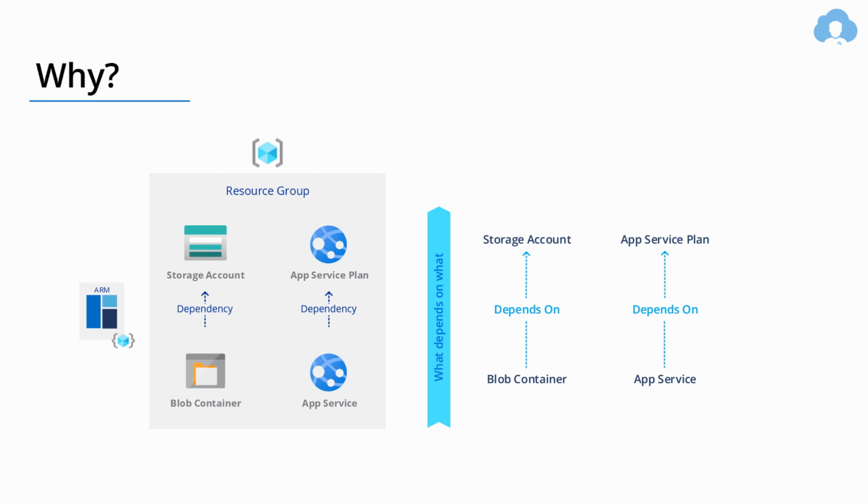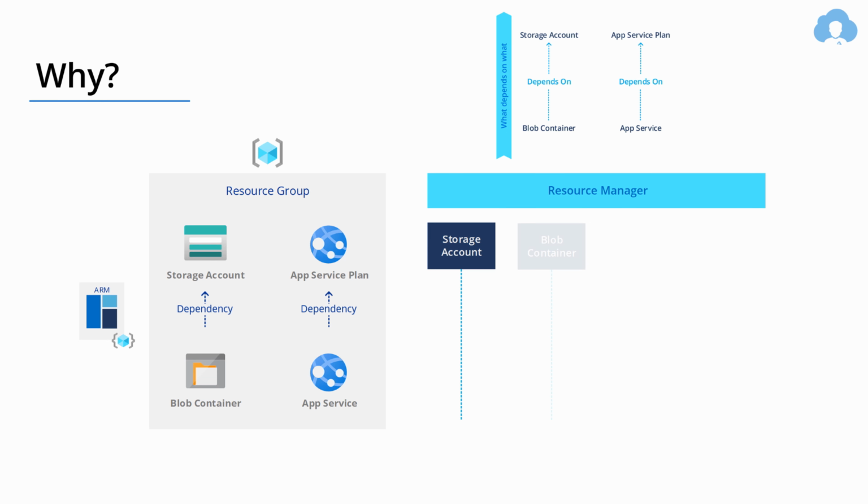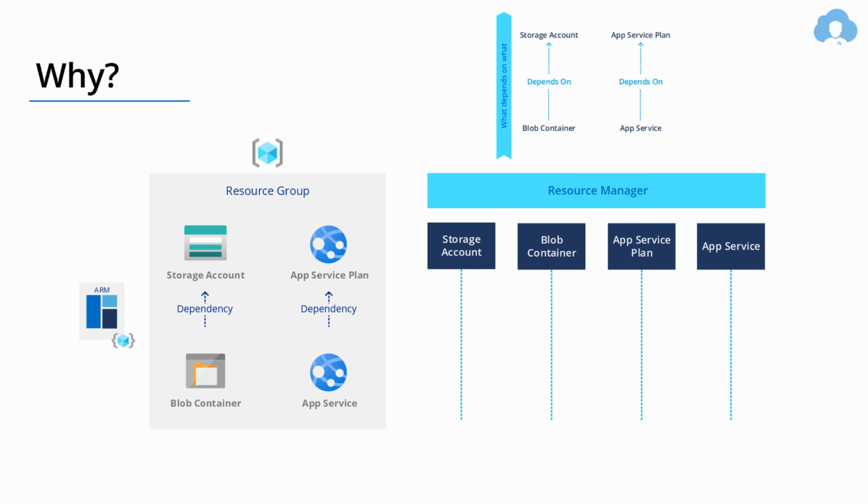And when this template is submitted for deployment, what will happen is Resource Manager will know it needs to create 4 services, but based on those dependencies, it will create a proper order. Even though resources deploy at a different time, it will know that you need to deploy blob container after storage account and app service after app service plan, and it will ensure maximum parallelization for this job.